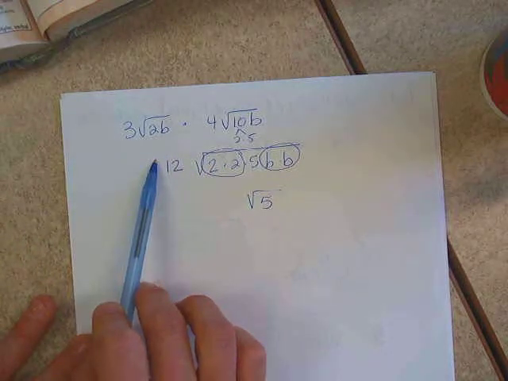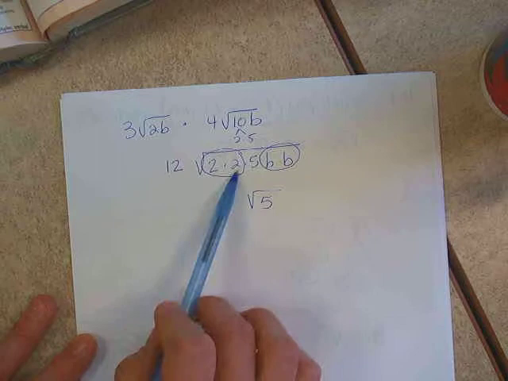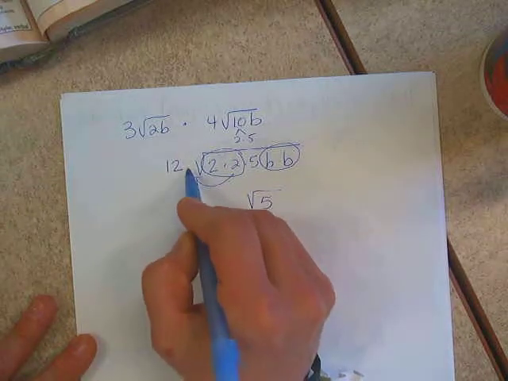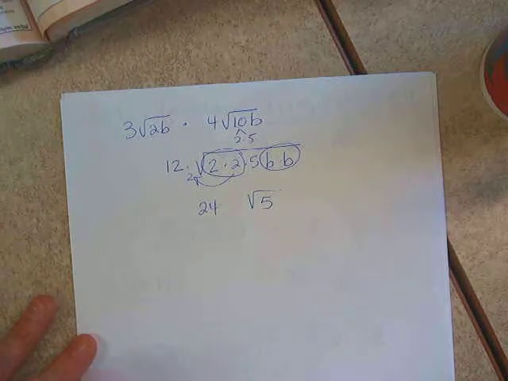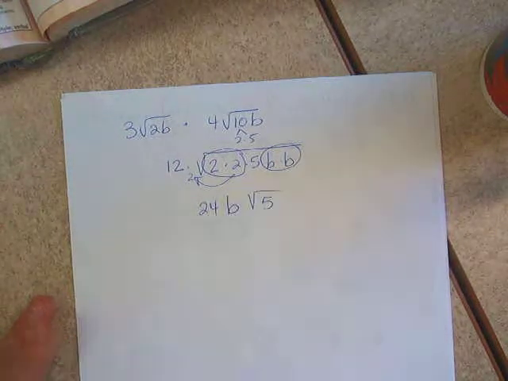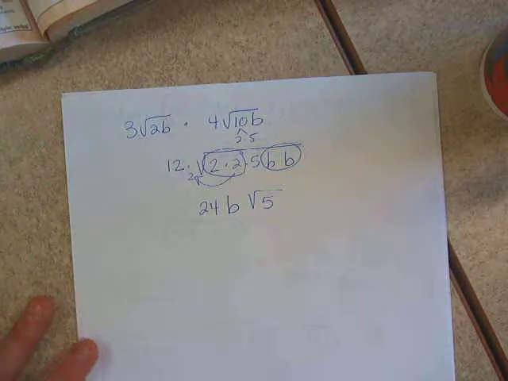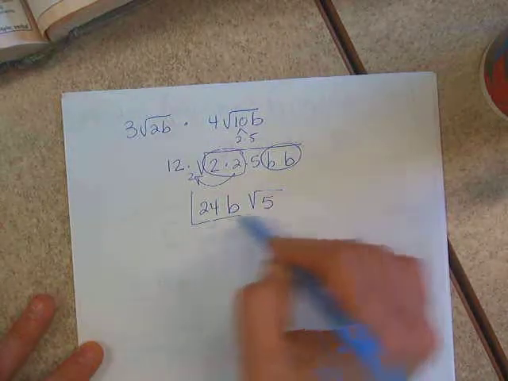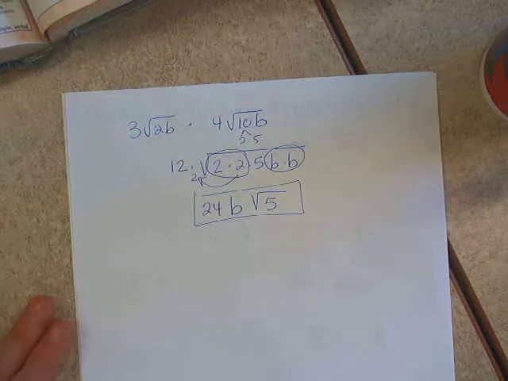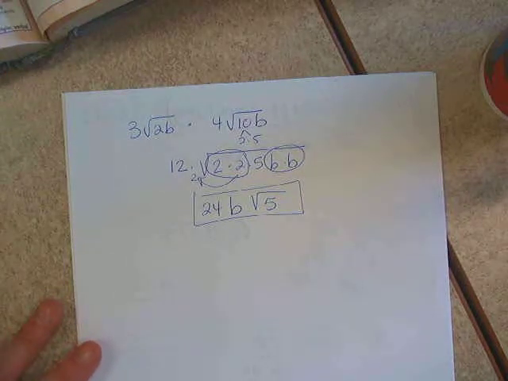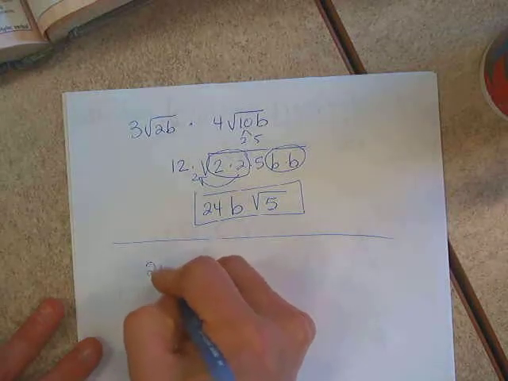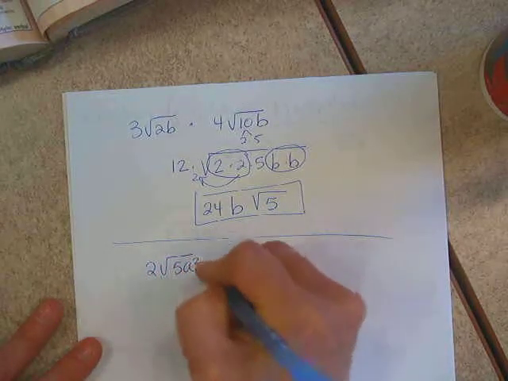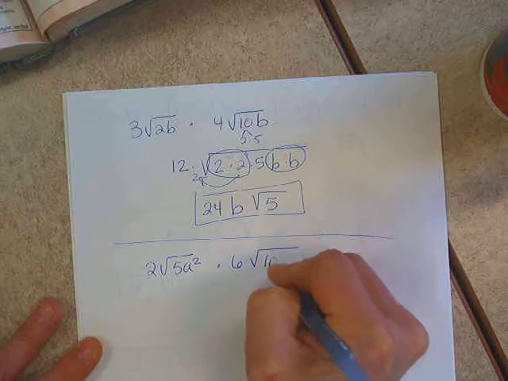So what should stay in? The 5 is in. The 2 comes out, but there's already a 12 out there, so what do I do with that? Yeah, I'm going to multiply the 2 by the 12, so that would be 24, and a b. And that's my simplified answer.